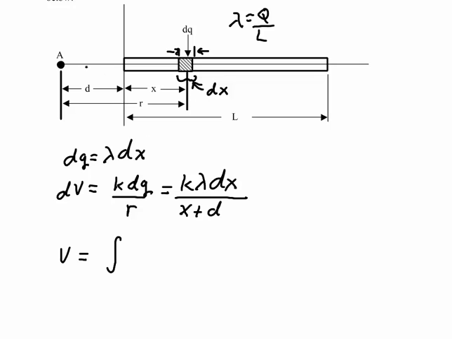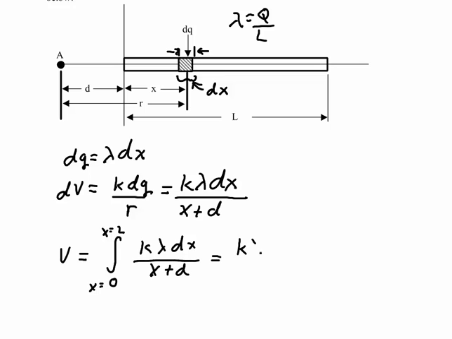Where does the charge start? The charge starts at x equals 0. Where does the charge end? The charge ends when I get over to L. This is x equals 0 to x equal L. K lambda dx over x plus d.